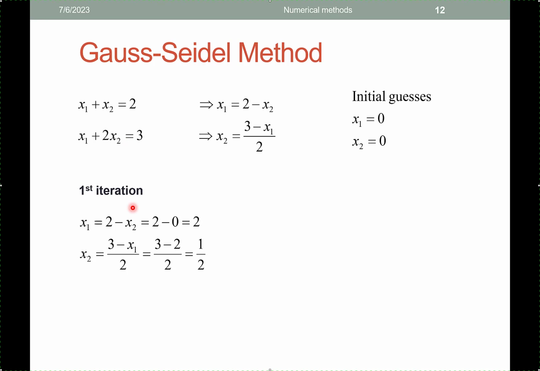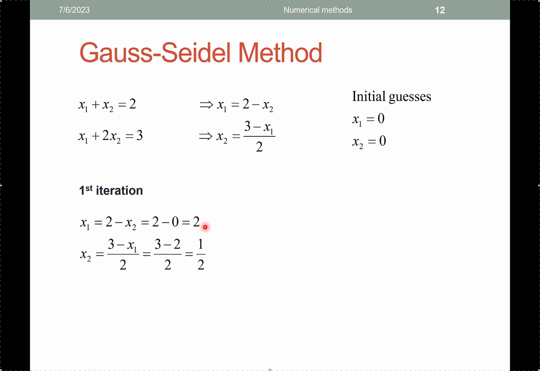So in the first iteration, I'm going to use this equation to solve for a new estimate for x1 using my initial guesses that we see here. So in this case, I'm going to write 2 minus x2. The initial guess for x2 is 0. So I'm going to plug in 2 minus 0, which will give me 2.